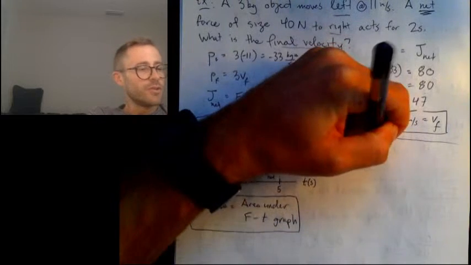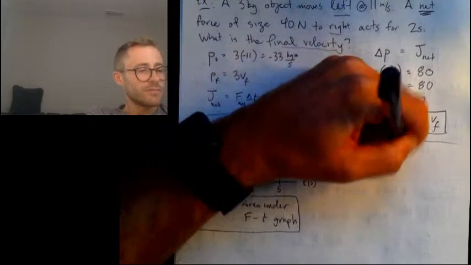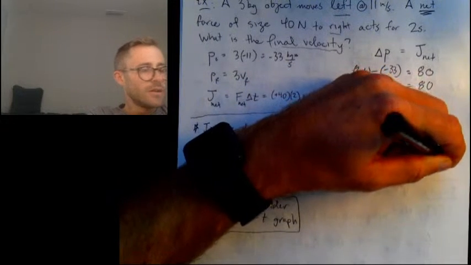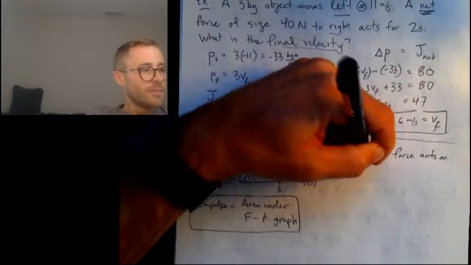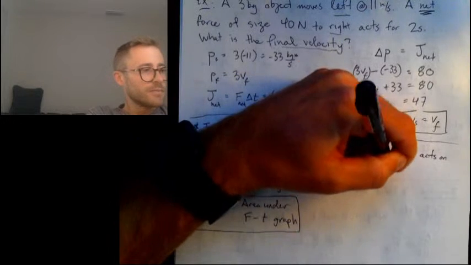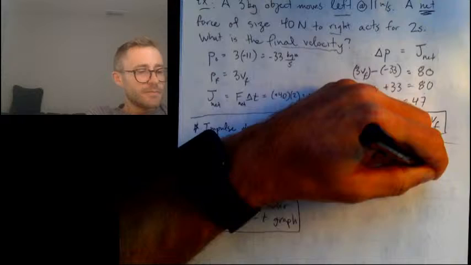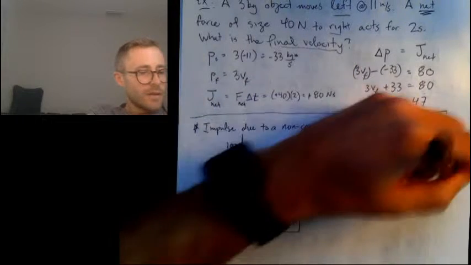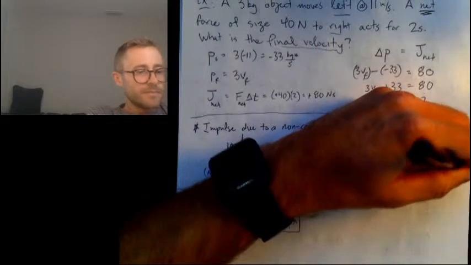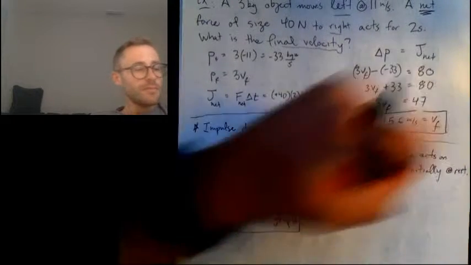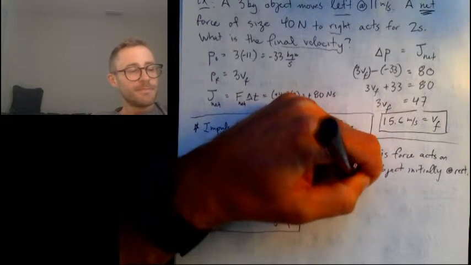So let's suppose that this force acts on a 4 kilogram object initially at rest. What is v final?